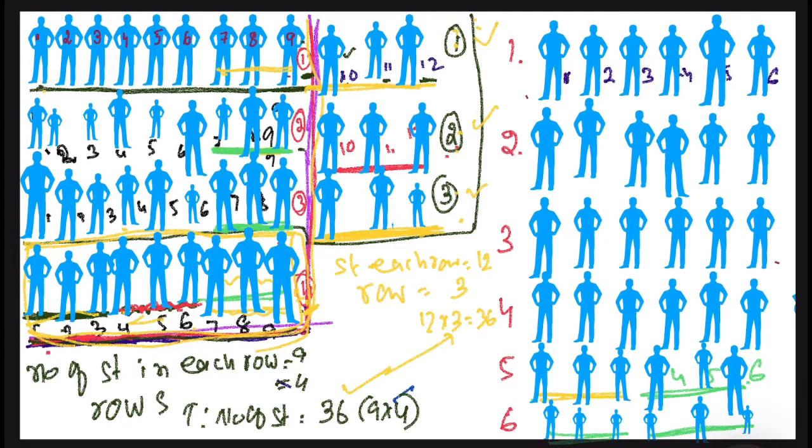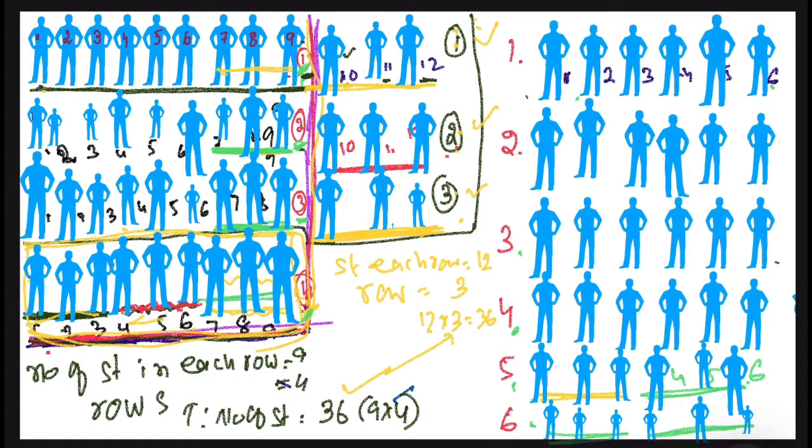So how many rows now? How many students reduced? Before there were 9 students, now how many? 6 students. That means 3 students reduced. But how many rows were made? 1, 2, 3, 4, 5 and 6 rows were made. First, when 9 students were there, how many rows? 1, 2, 3, 4 rows were there.